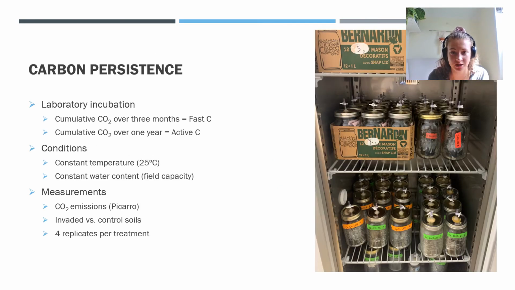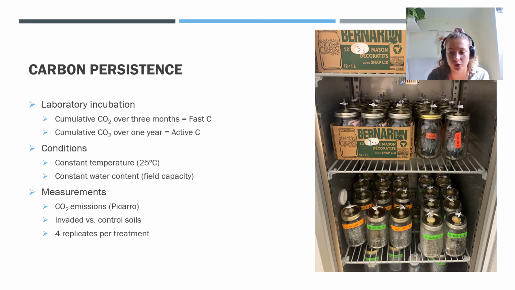And to answer that question, we set up a laboratory incubation at constant temperature in the dark for 1 year. We homogenized field replicates to create 4 composite laboratory replicates for both invaded and non-invaded soils. I just want to say here that we did not incubate soils with earthworms in the lab.